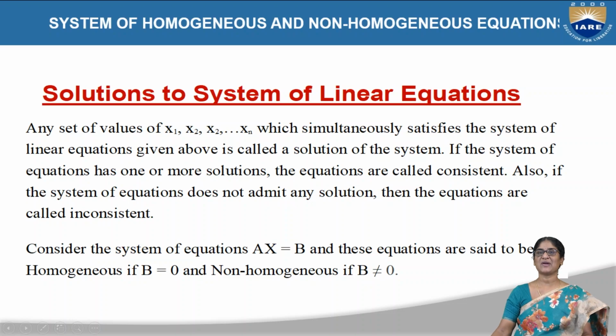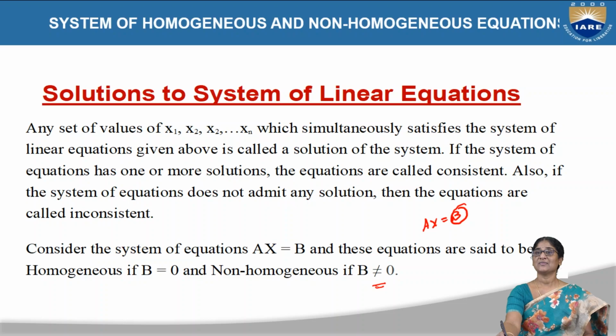Whenever the constant matrix B is not equal to 0, then it's called non-homogeneous linear equations. In the matrix equation AX equals B, whenever the constant matrix is not equal to 0, that type of equations are called non-homogeneous linear equations.